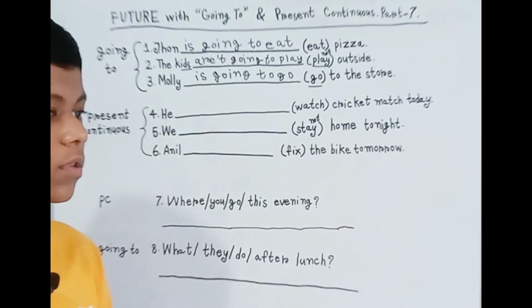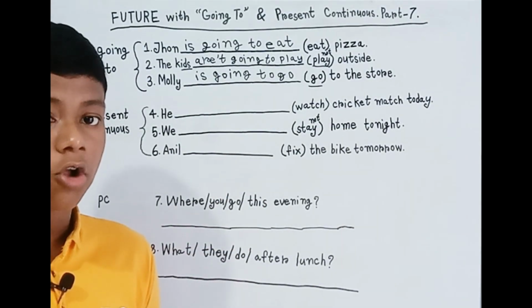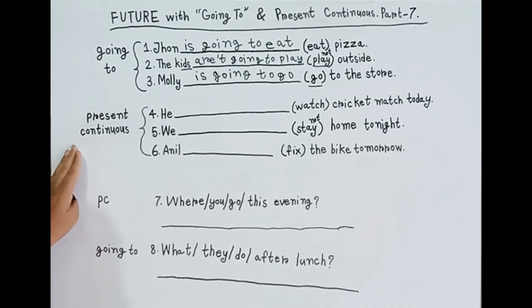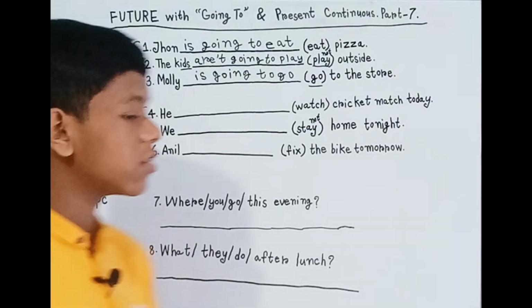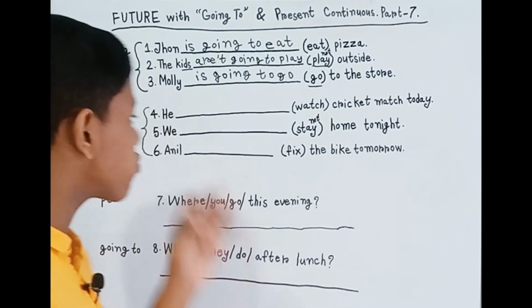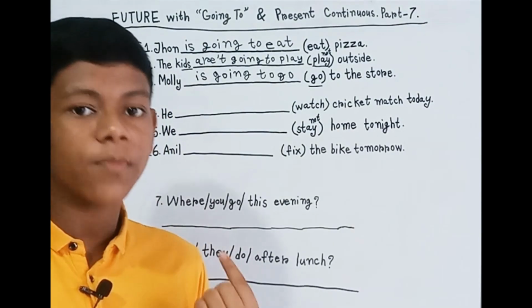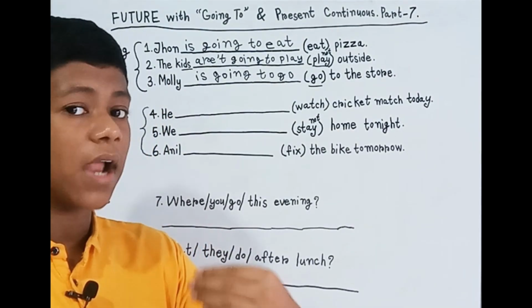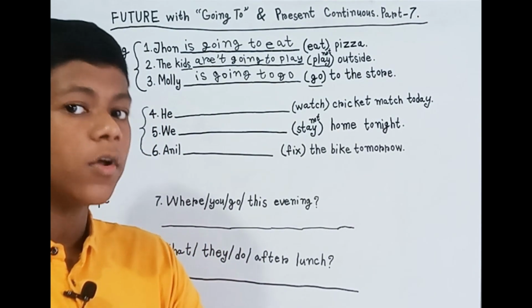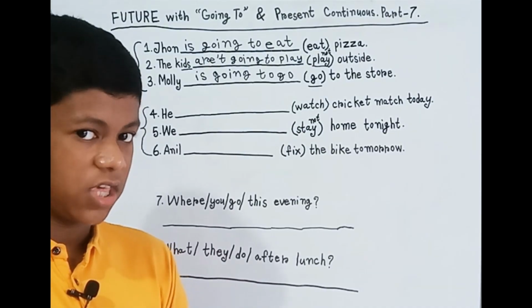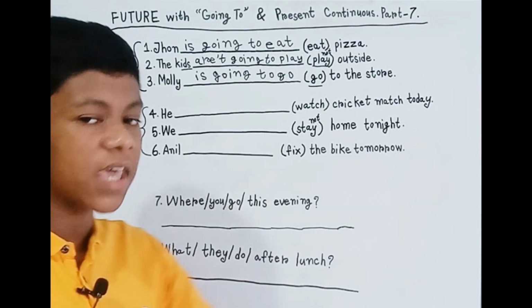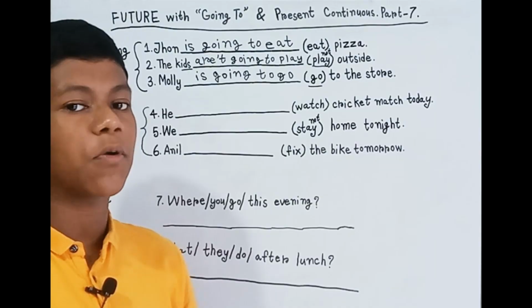So we have to remember the structure of present continuous. We have to add the subject, then the be verb, am, is, are, then the verb, then add ing to the verb. Then we can add the extension, and then our sentence becomes complete.